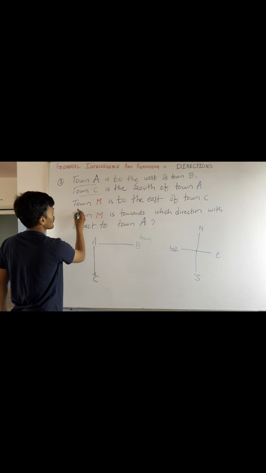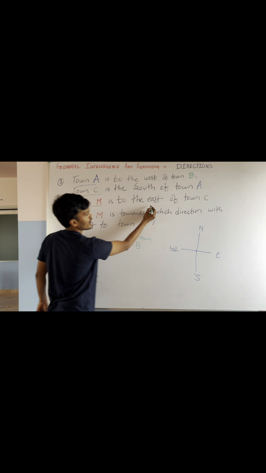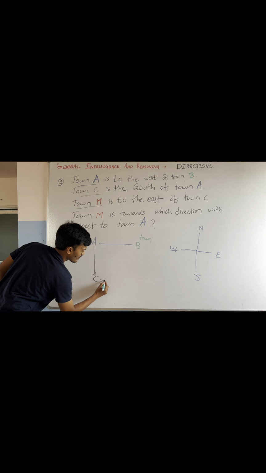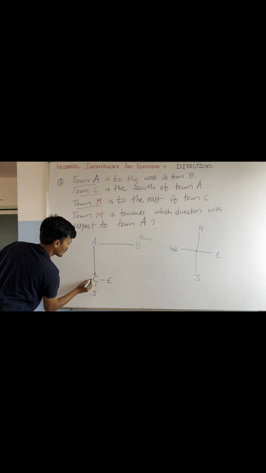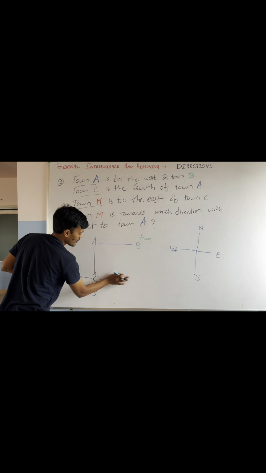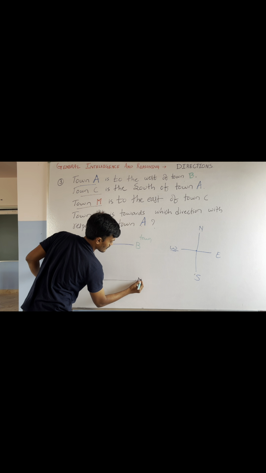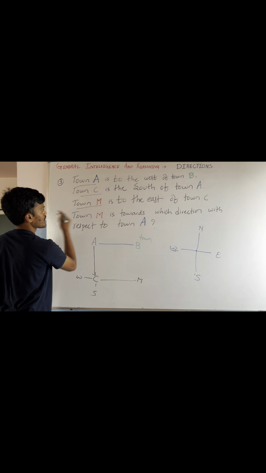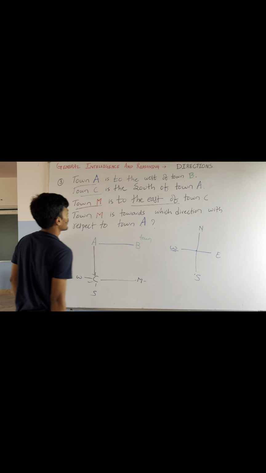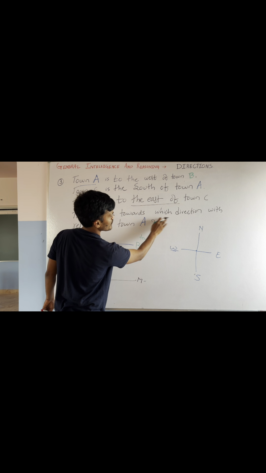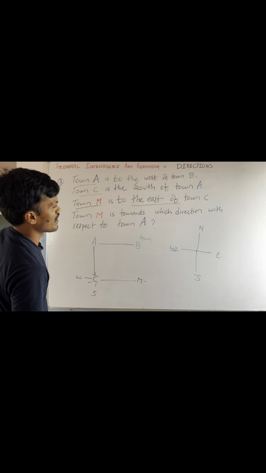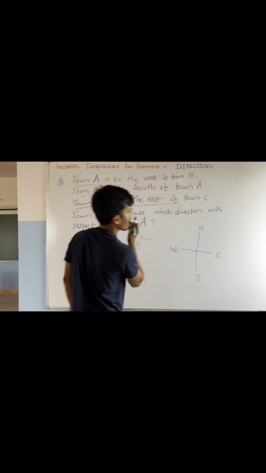Now town M is to the east of town C. So east in this direction, south, and this one is west. So in this east direction there will be M. So now town M is east of town C. Town M is in which direction with respect to town A?